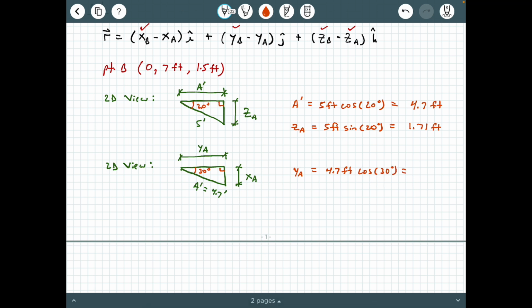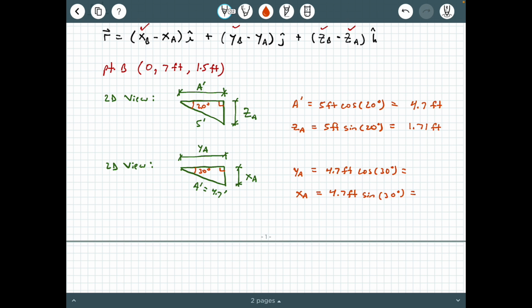And then I can get XA is that A prime, which is still 4.7 feet, times the sine of that 30-degree angle.